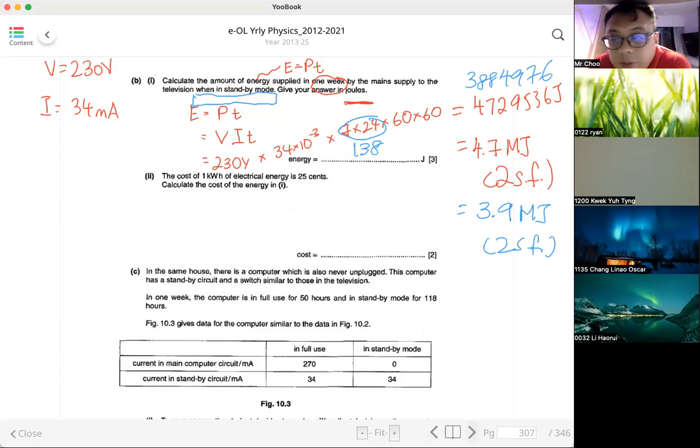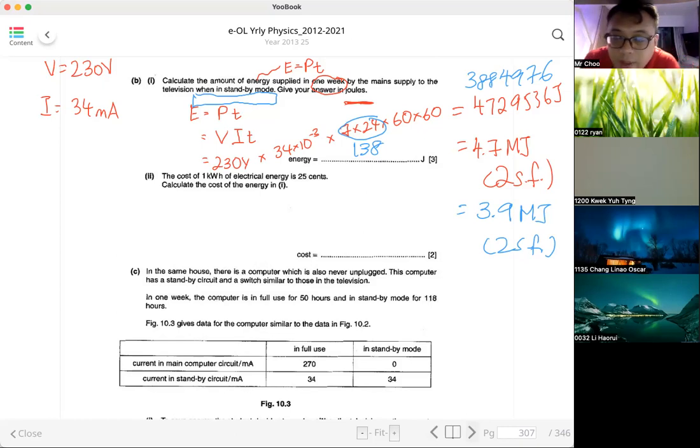The question is: why do devices have a standby mode? If you want to save money, you shouldn't even standby, just switch off. So why do you need to spend a few cents to have your TV on standby mode? Anybody can try to answer?